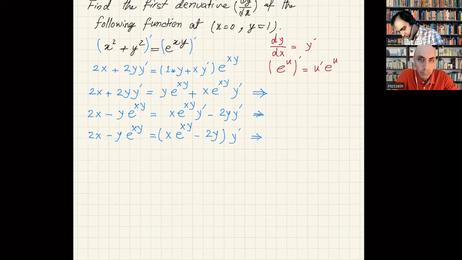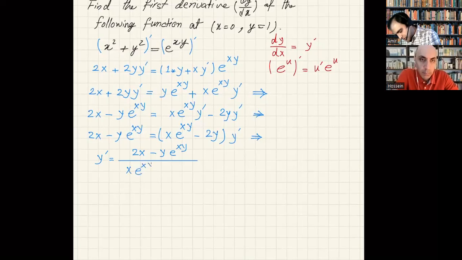And then I obtain y prime as 2x minus y e^(xy) in the numerator, and in the denominator x e^(xy) minus 2y. So you divide both sides by the multiplier of y prime.